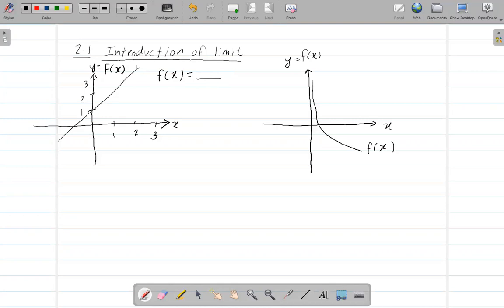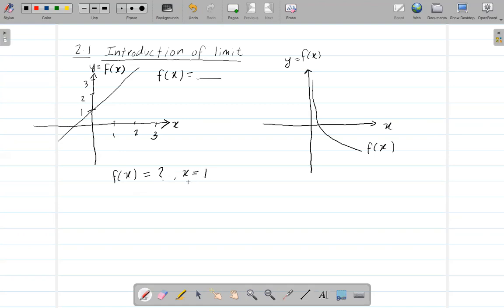But anyway, on this line, let's say I want to find the value of y, or f of x, when x is, let's say, 1.